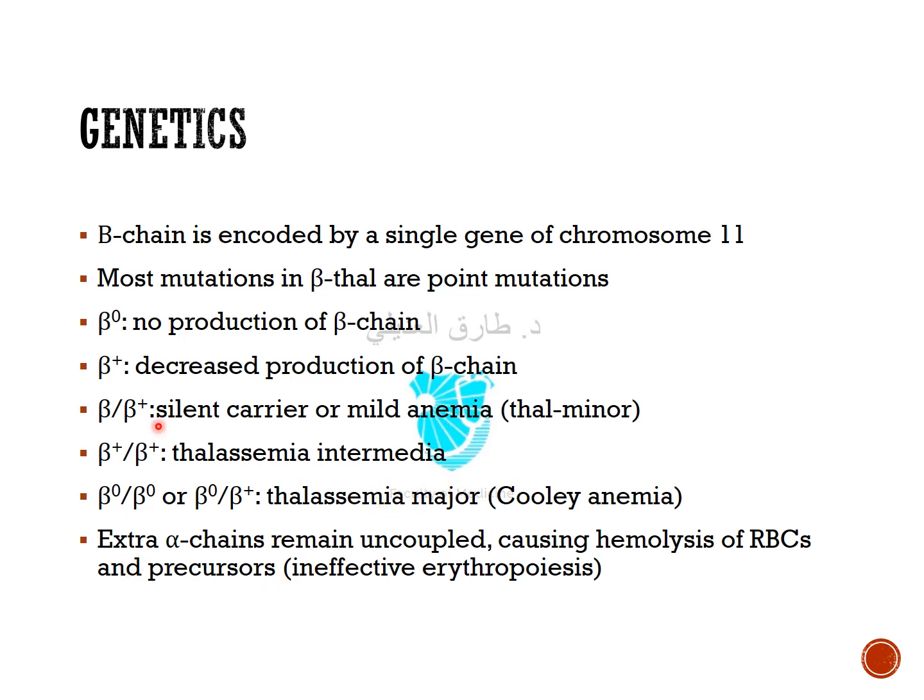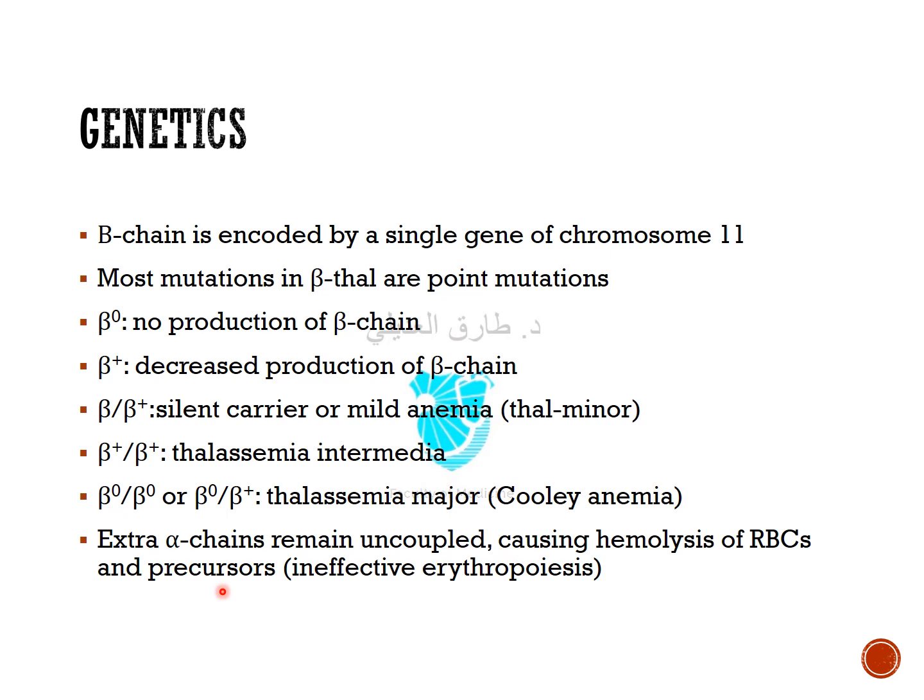Now, what worsens beta thalassemia, what makes it worse than alpha? In beta thalassemia, the excess alpha chains cannot bind to each other, as happens in hemoglobin H and Bart's. They remain in the cytoplasm uncoupled, so at the end they form a solid particle inside the cytoplasm and cause hemolysis of RBCs and even the precursors.